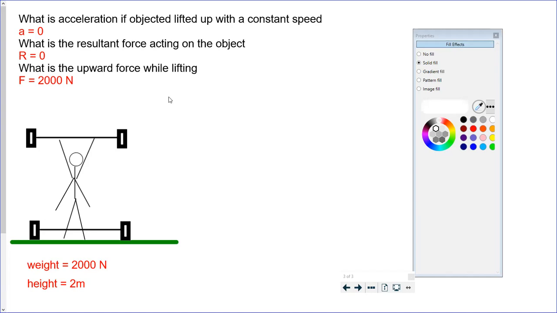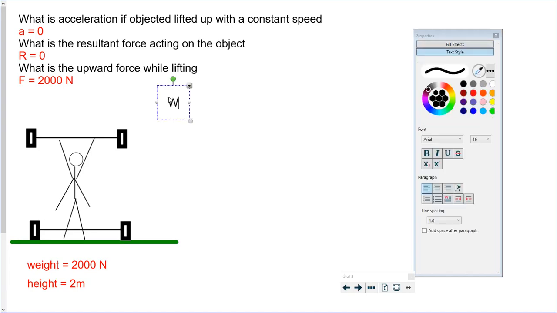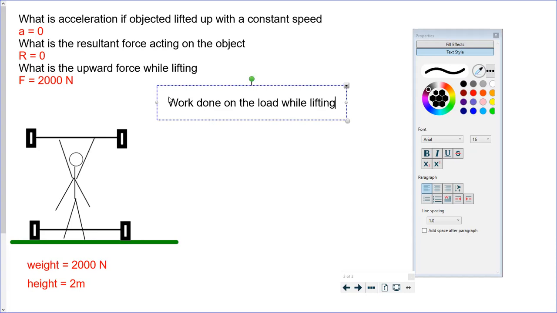The next statement is, now we are going to calculate the work done on the load while lifting it. We have to use the applied force in this case, not the resultant, because we are calculating the work done. Work done on the load while lifting it at a constant speed.